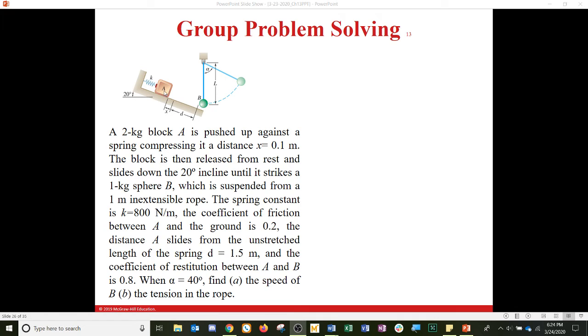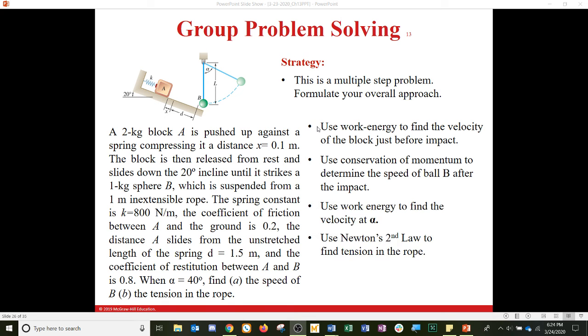So you can kind of break this into 3 motions, where A strikes B, where B leaves the collision, and then where B reaches up to a rotation of alpha. And what we're looking for here is the speed of B and the tension in the rope as it reaches an angle of 40 degrees.